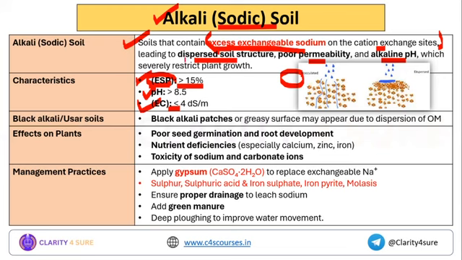Why are we saying dispersed soil structure here? As I already said, sodium is a dispersing agent. When there is excess exchangeable sodium, because of the high concentration of sodium, the soil will be dispersed. The clay and organic matter will be dispersed, leading to formation of a structure like this. They are going to clog the pores which are necessary for the infiltration of water, leading to blockage of water and poor permeability.